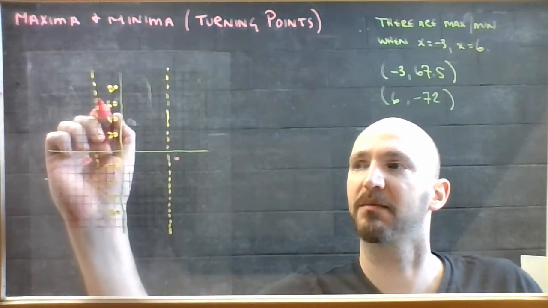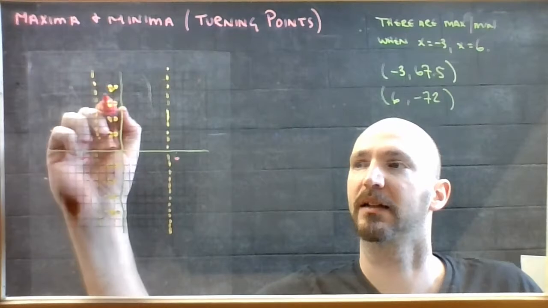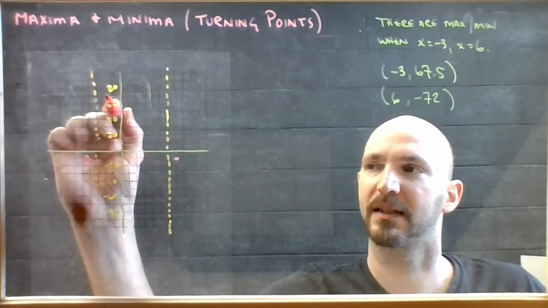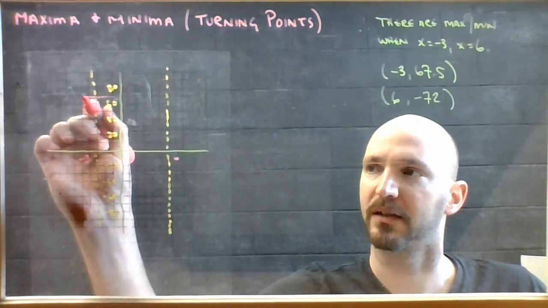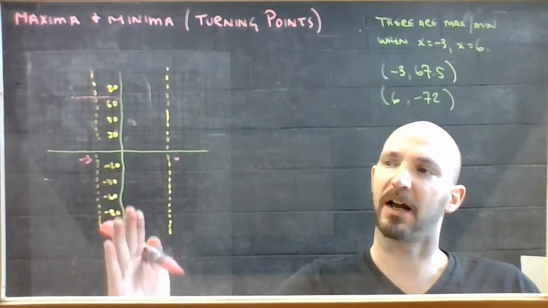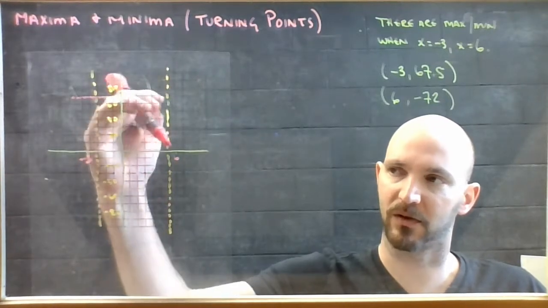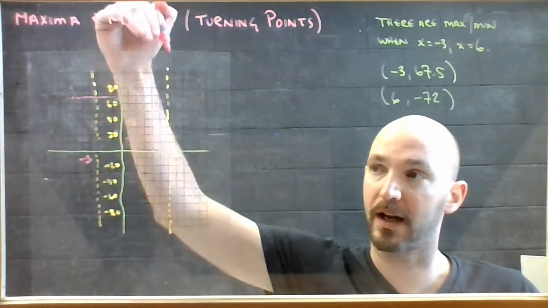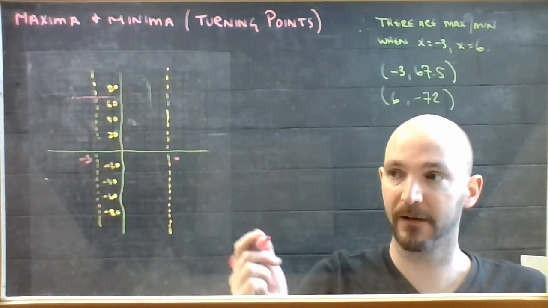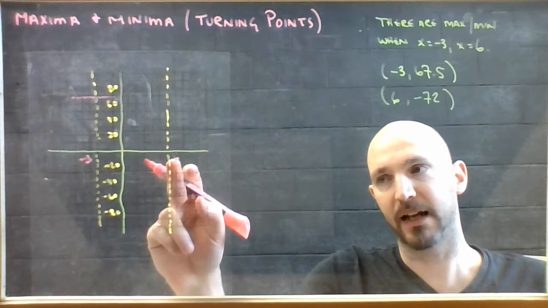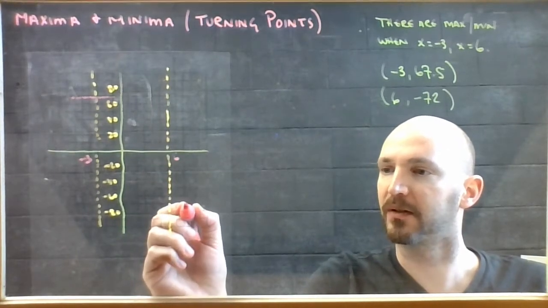So that's about here, right? Negative 3 on the x and there. When I curve sketch, I like to put this in as a dashed horizontal line. Because I know that I either come into that thing like this, graze it, and turn away, or I come in from above, graze it, and turn away. My other one is at 6 on the x and negative 72, which is about here.